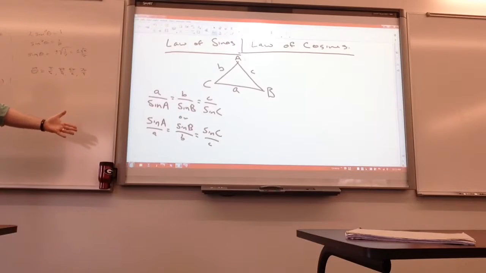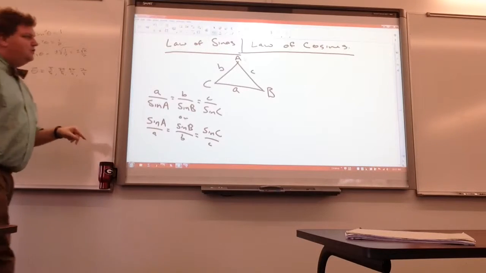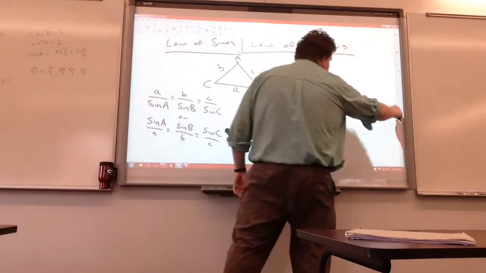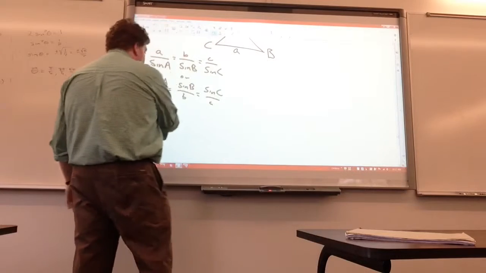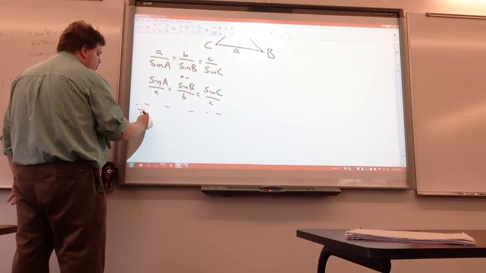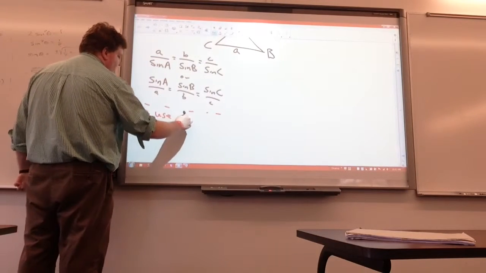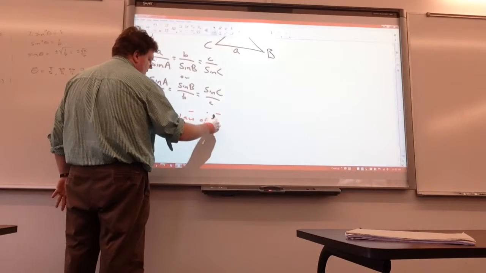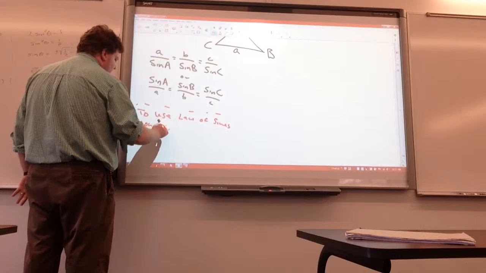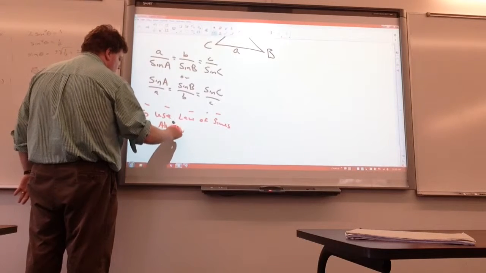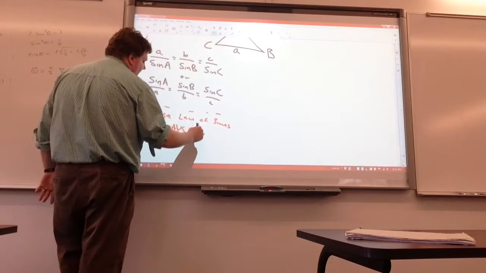That's the law of sines, really. It's just a regular ratio. You just enter the information in. In order for the law of sines to work, you always need a side angle pair.